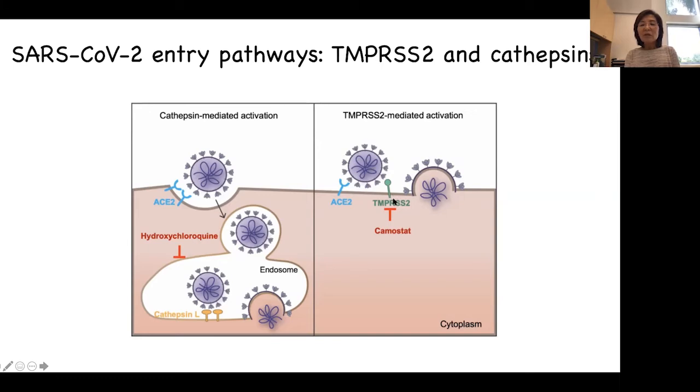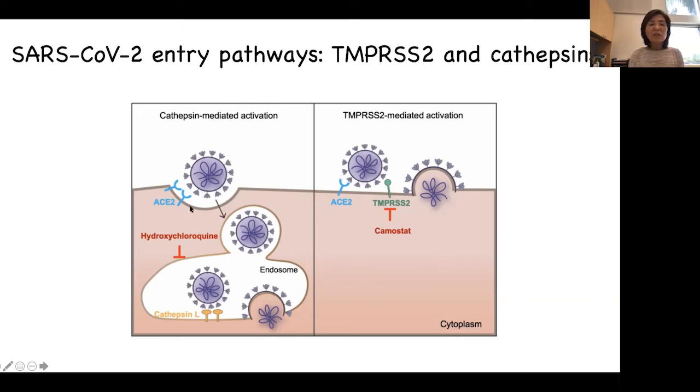Another very important molecule is TMPRSS2. It's expressed on the cell surface. If TMPRSS2 cleaves S protein on the cell surface, then the virus fuses with the plasma membrane. So that is the entry location.